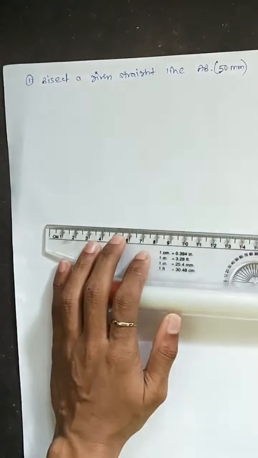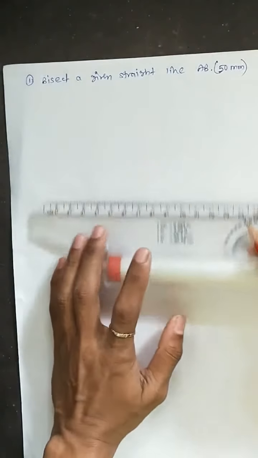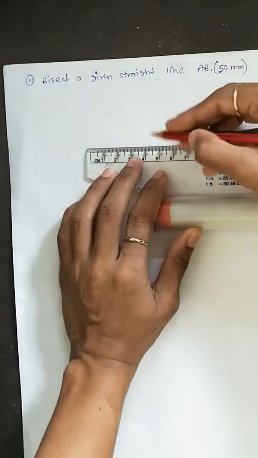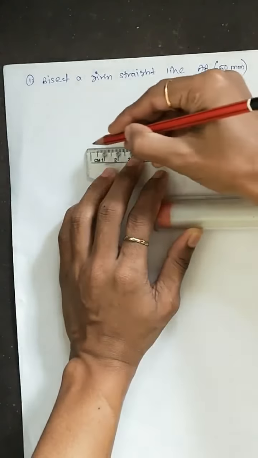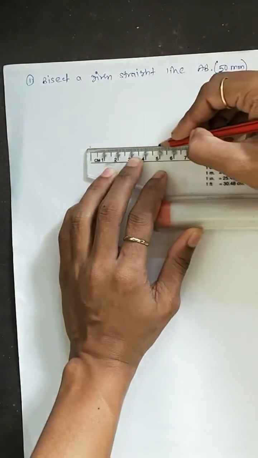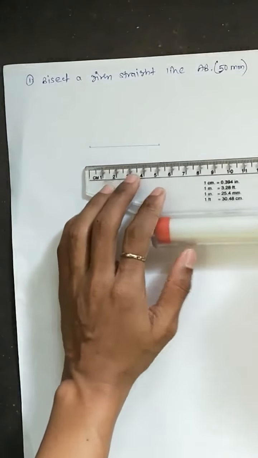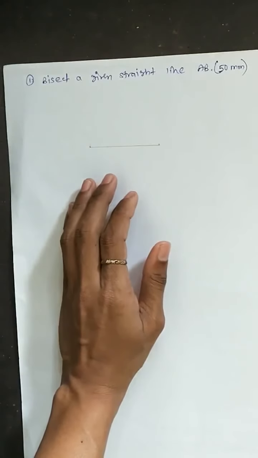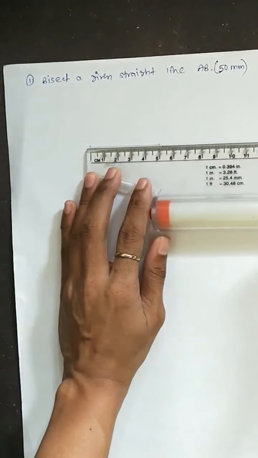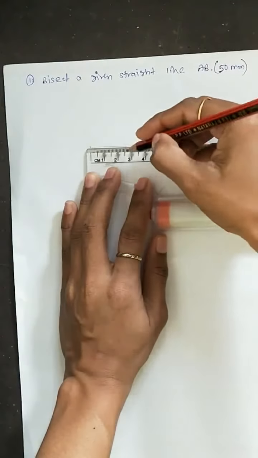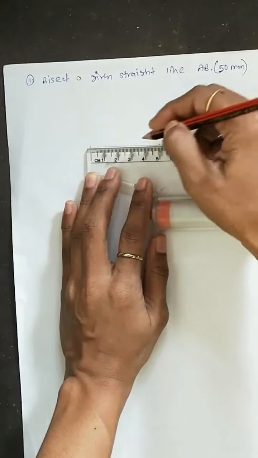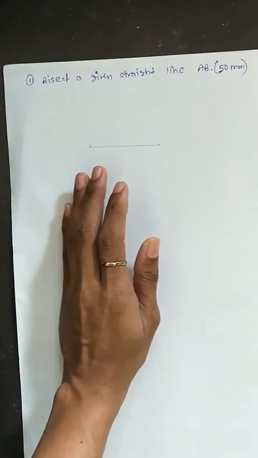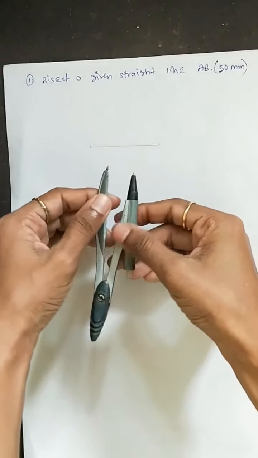So first measure 50 mm. Then 25 is the half of 50 mm. So take more than half distance in your rounder.